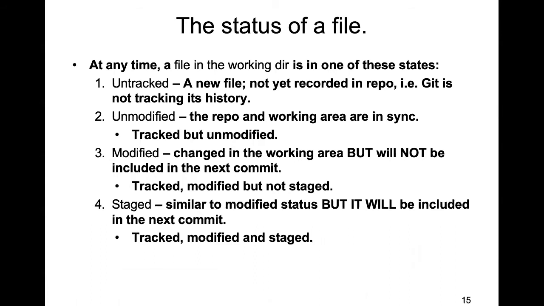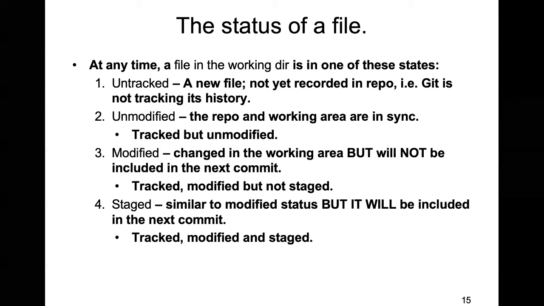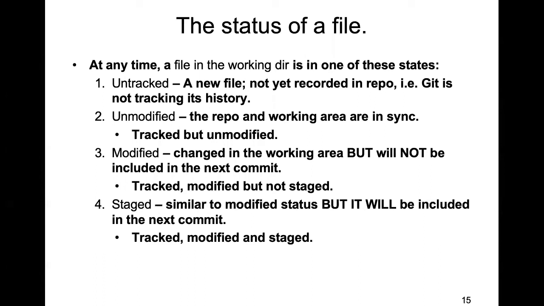Now, what this means is that as you're working your way through a project, at any particular point in time, the status of any one file could be in any one of these 4 different states. So this is a slight expanding of the status of the working directory. We're now down to the status of an individual file.